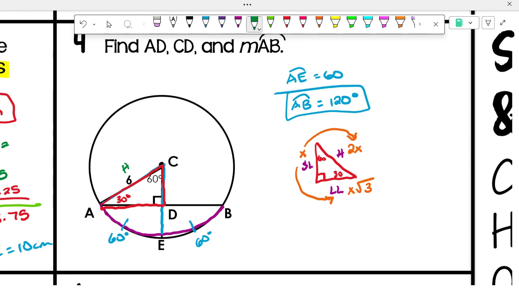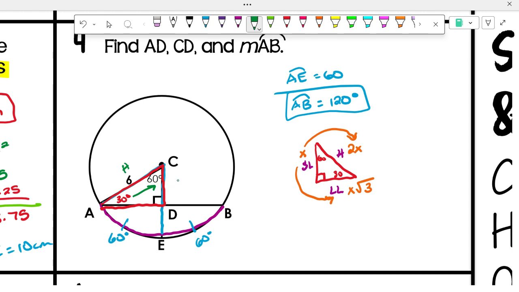How do we name sides, guys? It's CD, thank you. You name it with 2 letters.